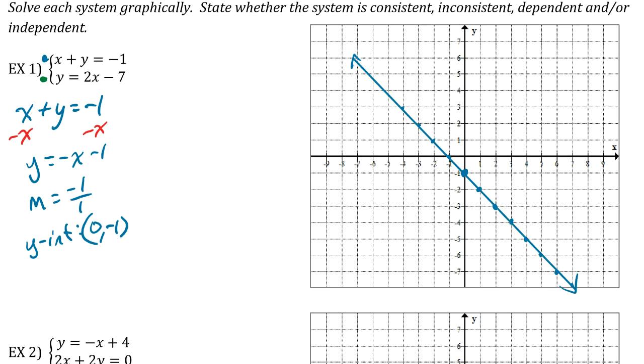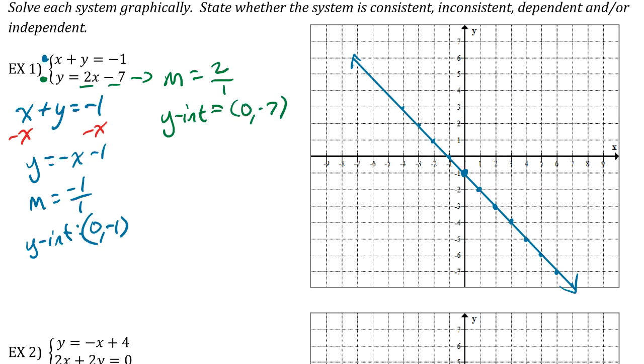So the second one is already in y equals mx plus b form, so we can just look for our slope, in this case 2 over 1, and our y-intercept, which in this case is 0, -7. Remember, it's just the number by x is your m, your slope, last number is your y-intercept.